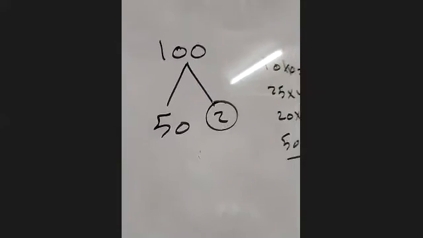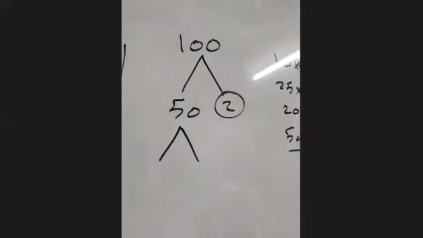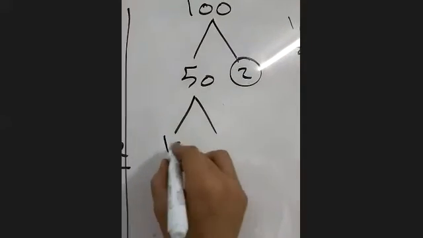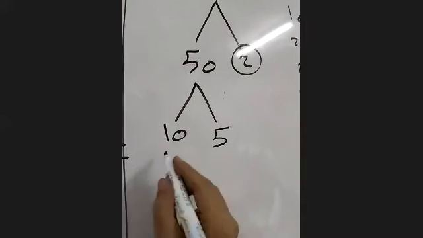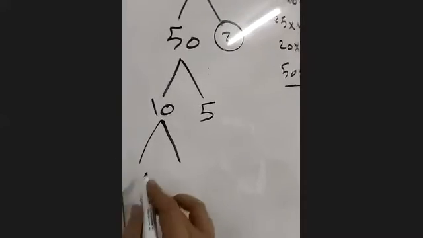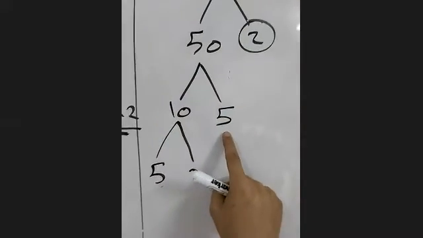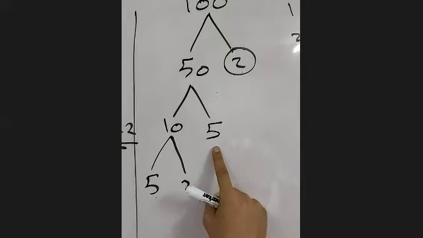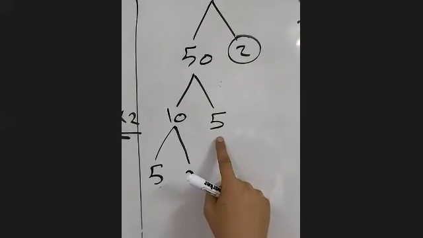Got it? Now give me two numbers. If you multiply them, you get 50. 10 and 5. Give me two numbers. If you multiply them, you get 10. 5 and 2. Look here. Give me two numbers. If you multiply them, you get 5. 1 and 5 only.